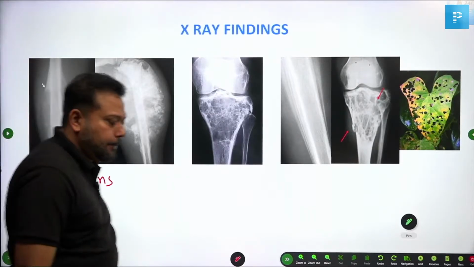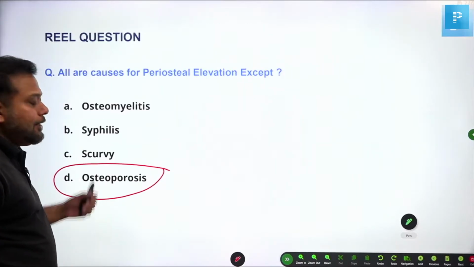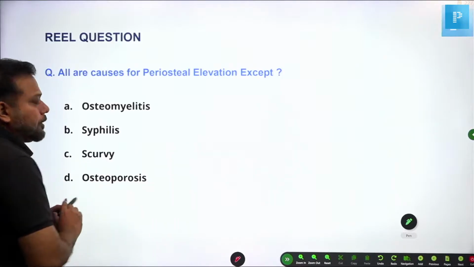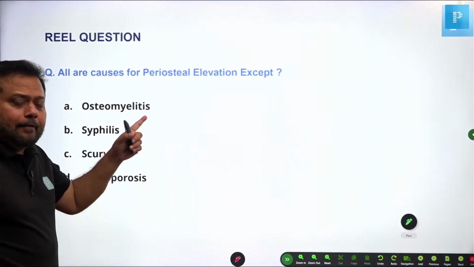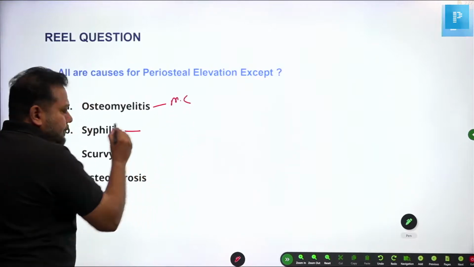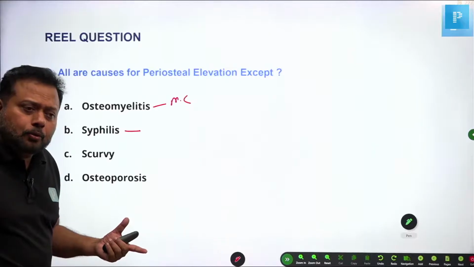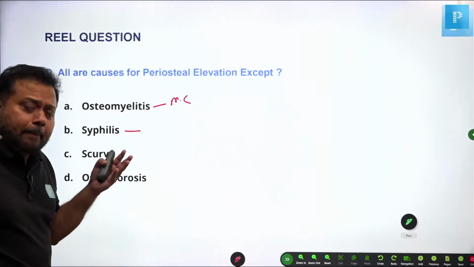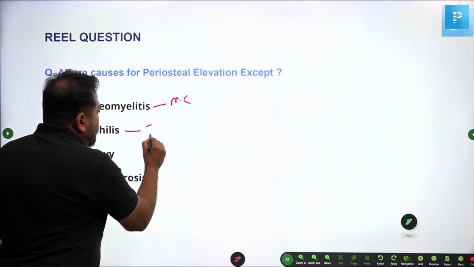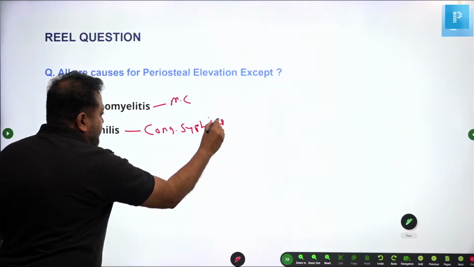The point I want to stress is that whenever there is elevation of periosteum, the most common cause is osteomyelitis. Then a very important cause, which is an outdated disease nowadays because of penicillin: syphilis is gone, but once upon a time this was a big cause. Congenital syphilis is a very important cause for periosteal elevation.